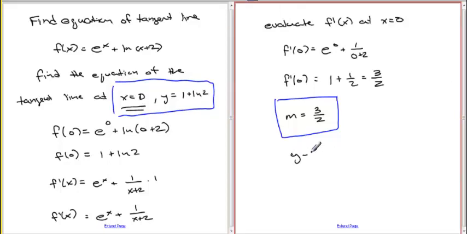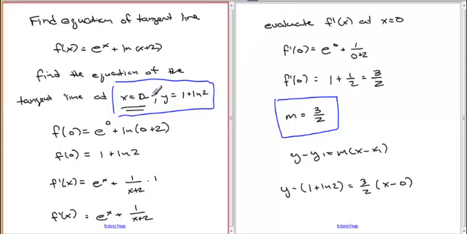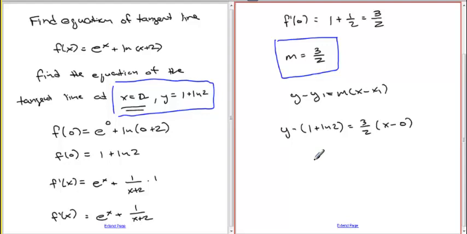Then you write down the point-slope form of a linear equation and plug it in. So y minus y1, that's the y value, so y minus 1 plus the natural log of 2, is equal to the slope, which is 3/2, times x minus x1, which is 0. Now we just solve for y.